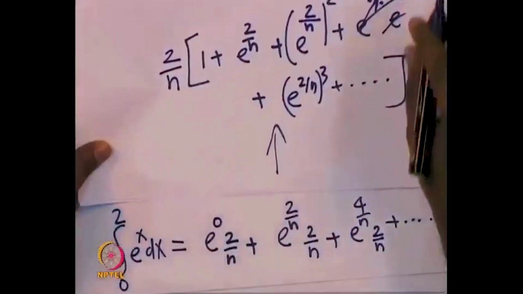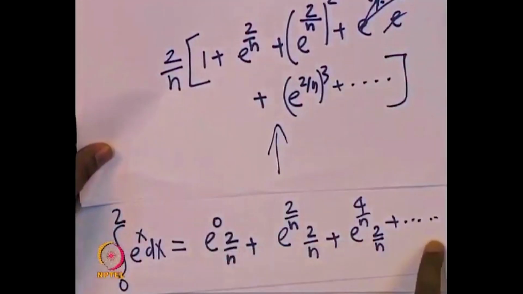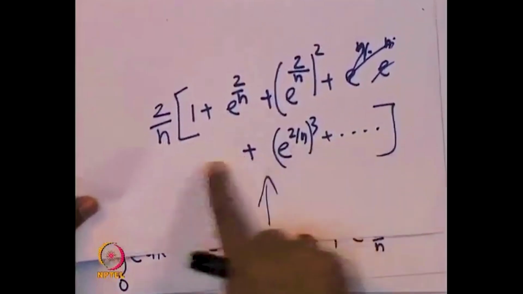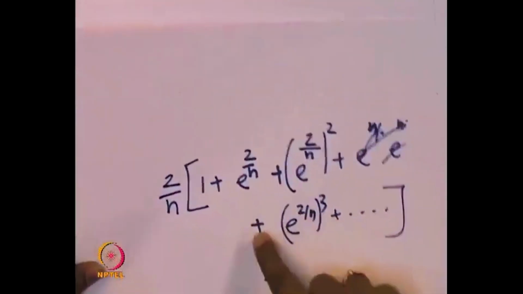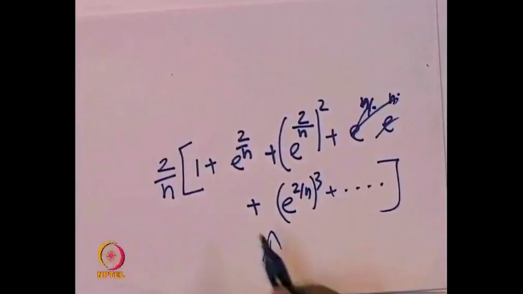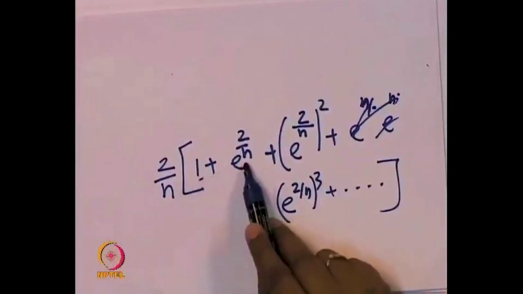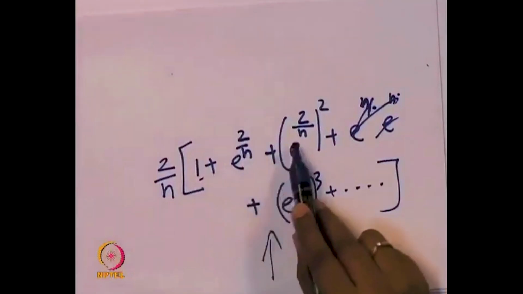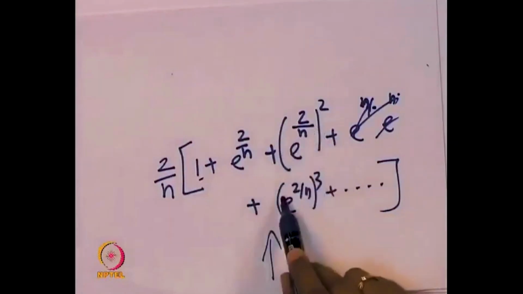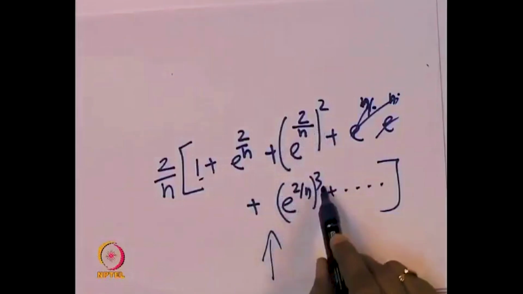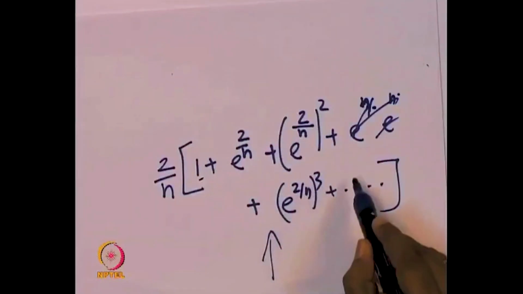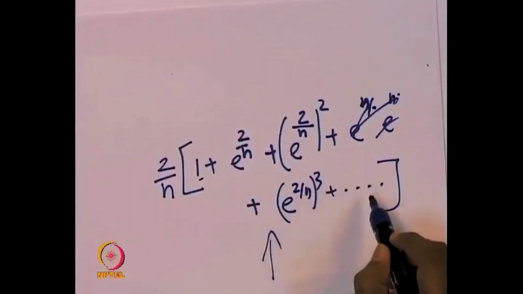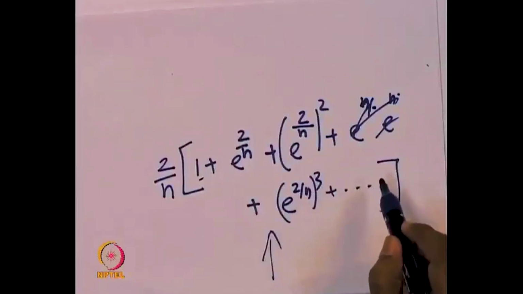Think about it, you try this yourself. A sum like this can be rewritten in this particular way. What you have is 1 plus e power 2 by n plus e power 2 by n whole square plus e power 2 by n whole cube plus e power 2 by n whole power 4 plus e power 2 by n whole power 5.